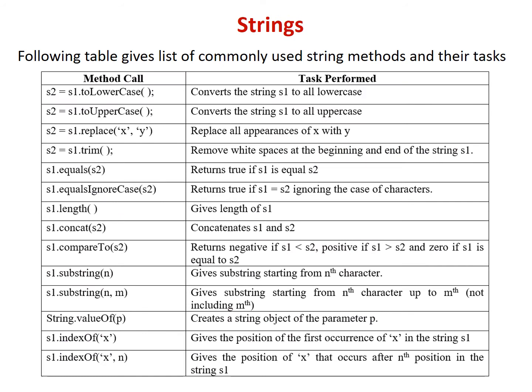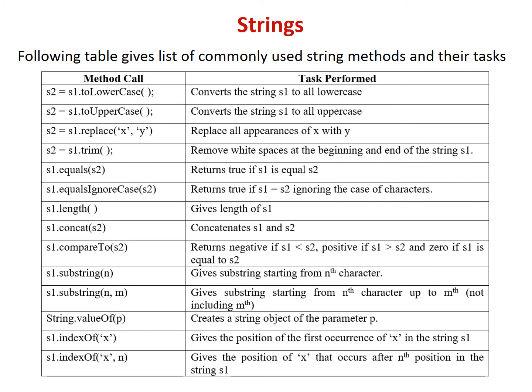Now we will see some methods available in the String class. Method toLowerCase will convert the string to lowercase. Method toUpperCase converts the string to uppercase. Method replace replaces the appearance of one string with another. Function trim removes white spaces at the beginning and end of the string.